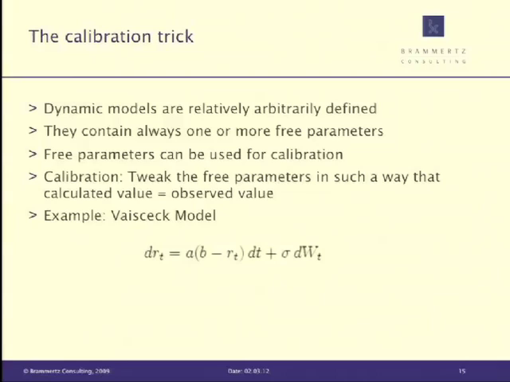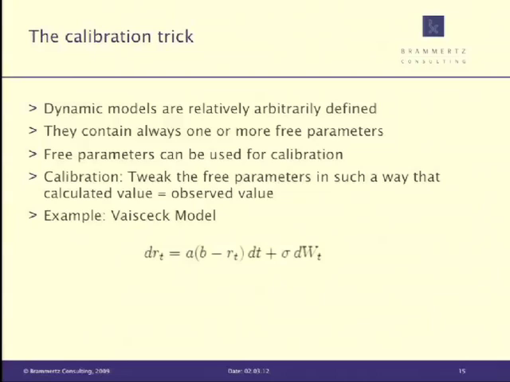Generally we have a calibration trick. The smile is already a calibration trick, to increase or decrease the volatility so you get the price which you can observe. So you change the volatility so that the observed price is equal to the calculated price. We apply those tricks on dynamic models, which generally are fairly arbitrarily defined.